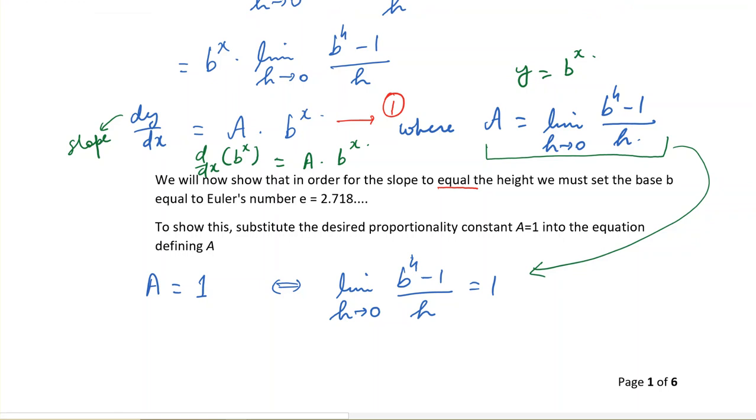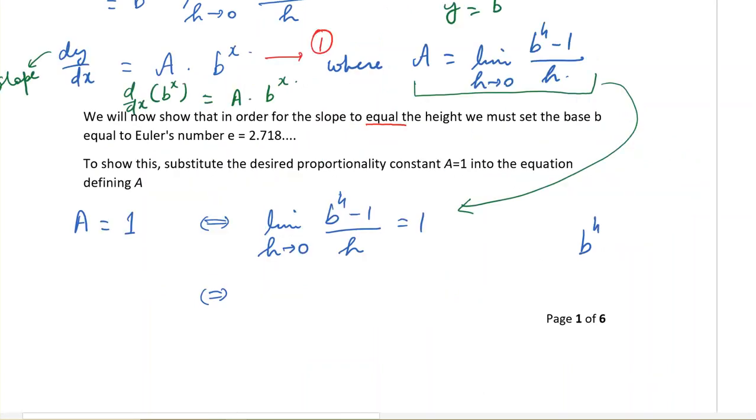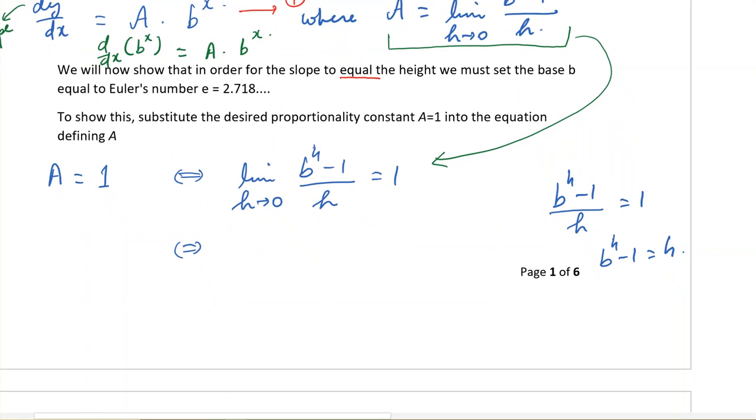With a little bit more manipulation, from here we will get that b raised to power h minus 1 over h is equal to 1. So let's solve this for b. So we will get b raised to power h minus 1 is equal to h. So b raised to power h is equal to 1 plus h.